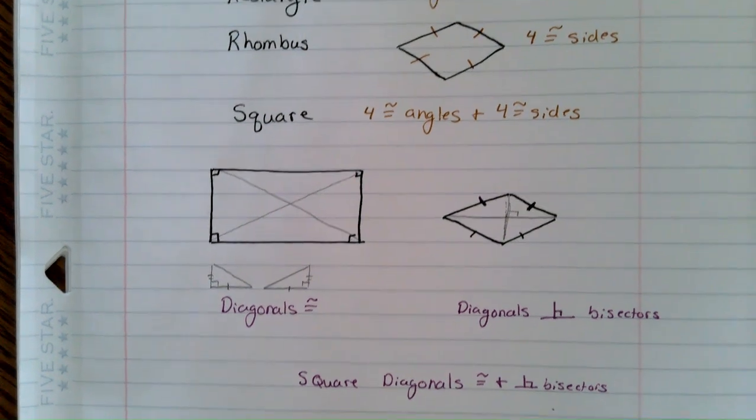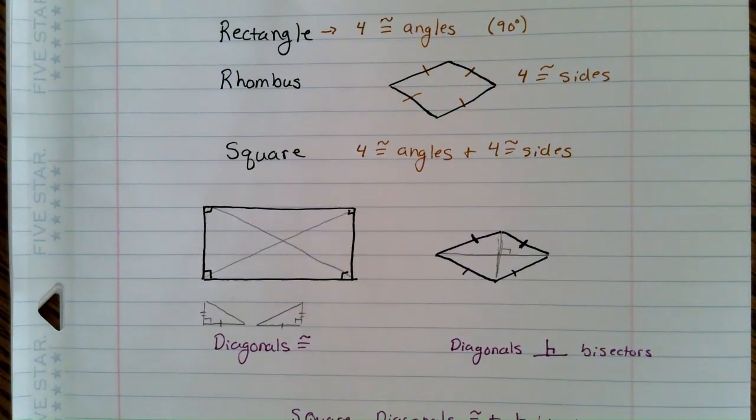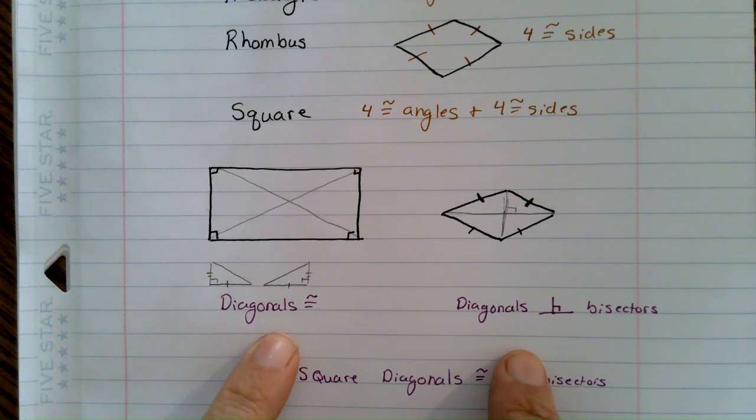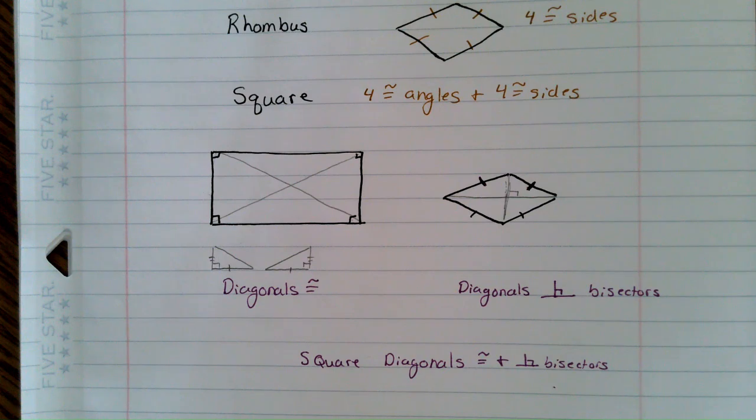So these are just some special characteristics that you can use when proving something is a rectangle. If you can show that you have a parallelogram with congruent diagonals, you know you have a rectangle. If you have parallelograms with perpendicular bisectors, you know you have a rhombus. If you have both, you know you have a square. So just gaining this extra characteristic of a parallelogram would help you go to the next step.